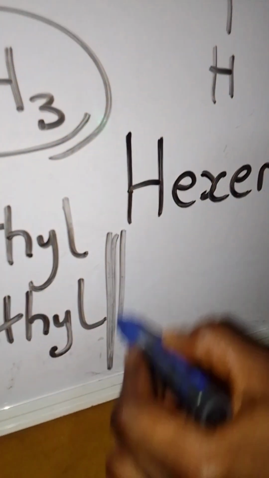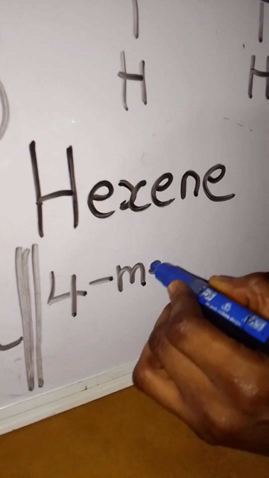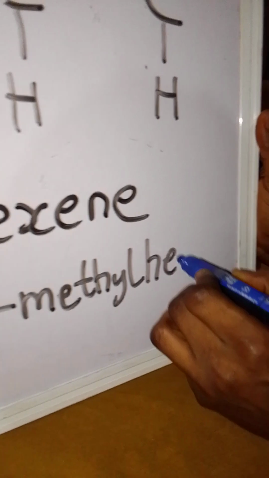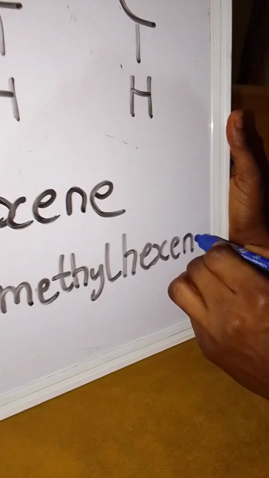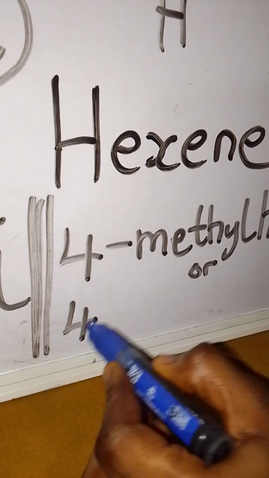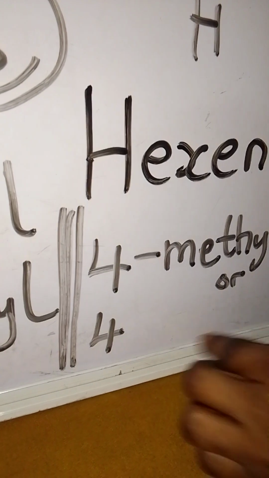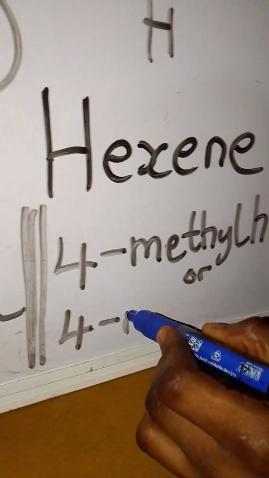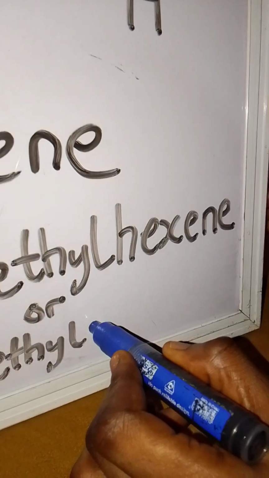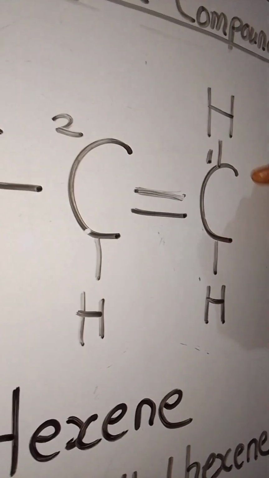So it's going to be 4-methyl. Then this double bond, you know, is also a substituent.